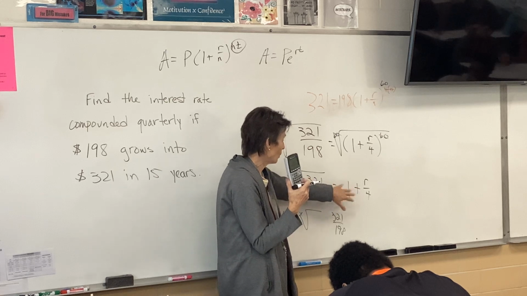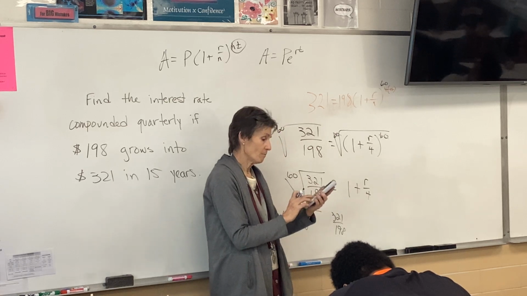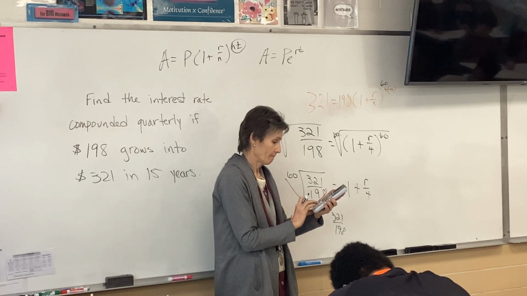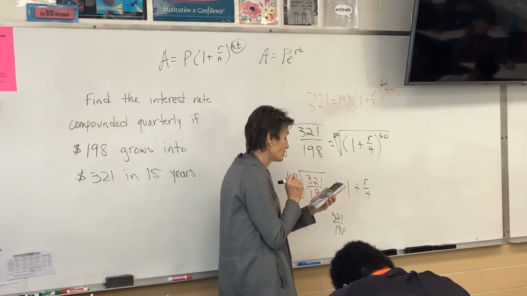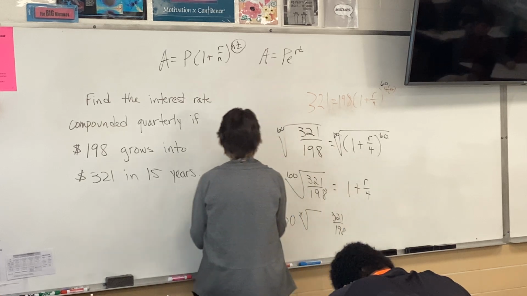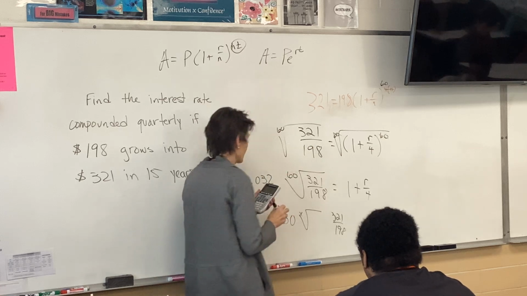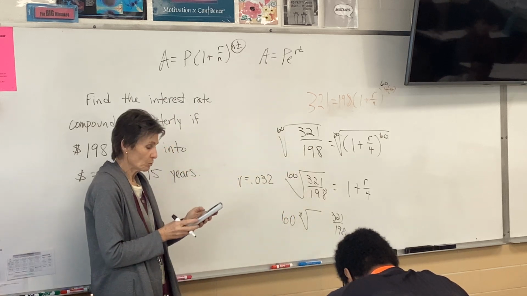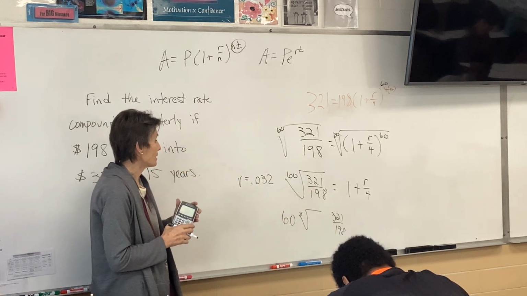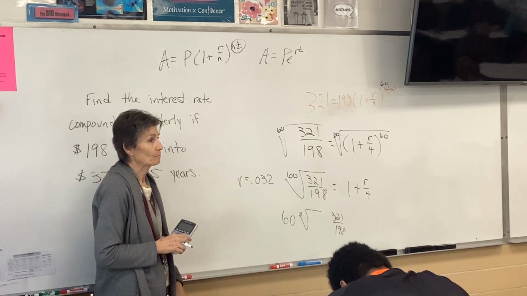I subtracted the 1 over, so now I have to multiply by 4. And my answer is 0.032. Is that what you got? Which would equate to about a 3.2% interest rate.